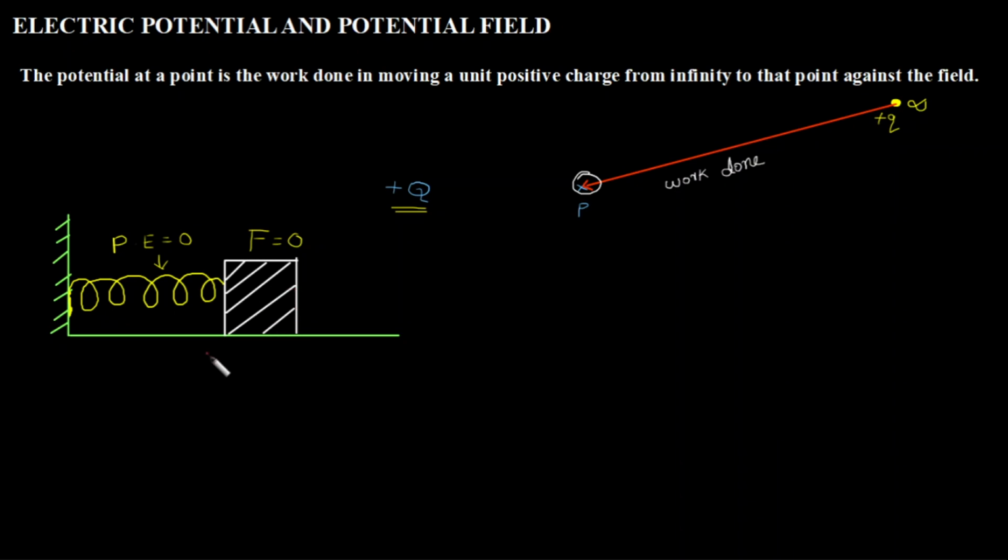Not very clear? Yeah, let us proceed. Now what I am going to do is, I am going to push this box so that it will compress this spring. I am going to push this box from your right to left so that this spring will be compressed enough to gain some potential energy. Then let us see what happens.